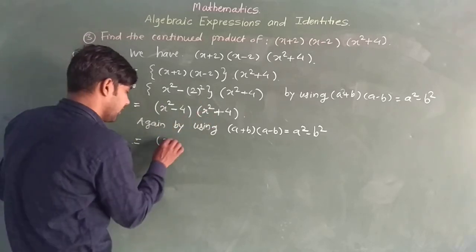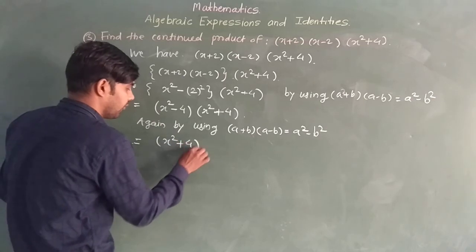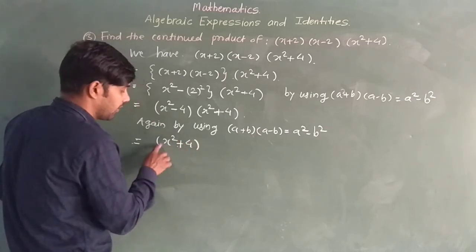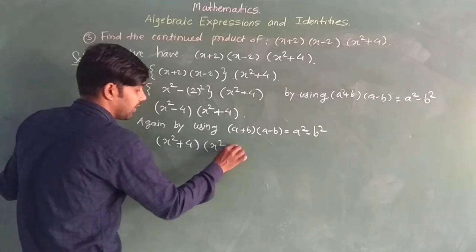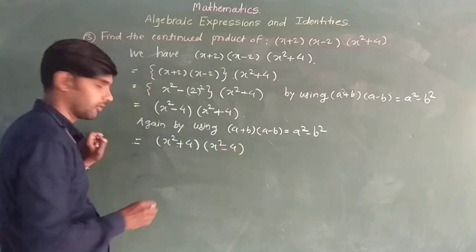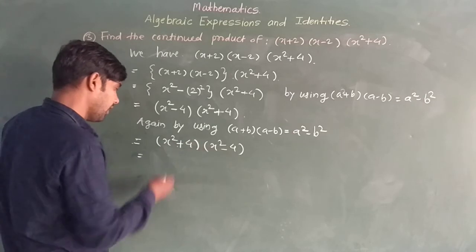So we write x square plus 4, the sum of the first two terms, and the difference of the two terms, we write in sequence order.